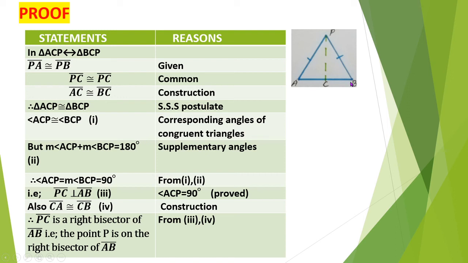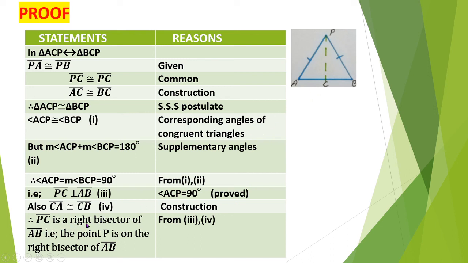So therefore PC is a right bisector of AB, meaning it is making a 90-degree angle and it is dividing side AB into two equal parts. The point, what does it mean? That this point P is on the right bisector of AB.